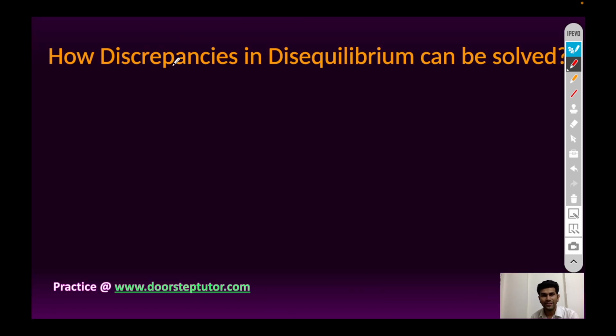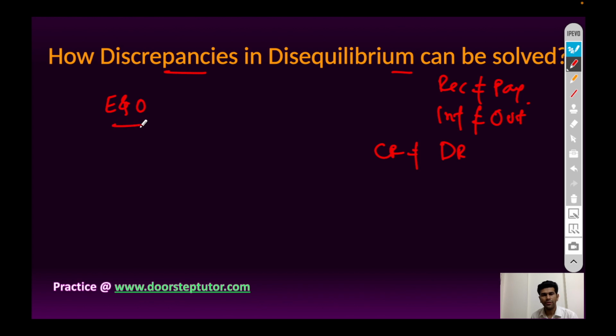So what is discrepancy in disequilibrium? Generally, disequilibrium happens when the receipt side is not equal to the payment side, or inflow is not equal to outflow, or debit side is not equal to credit side. But there are other reasons also, such as error and omission. If any mistake is made at the time of recording the transaction, then there will be an error.